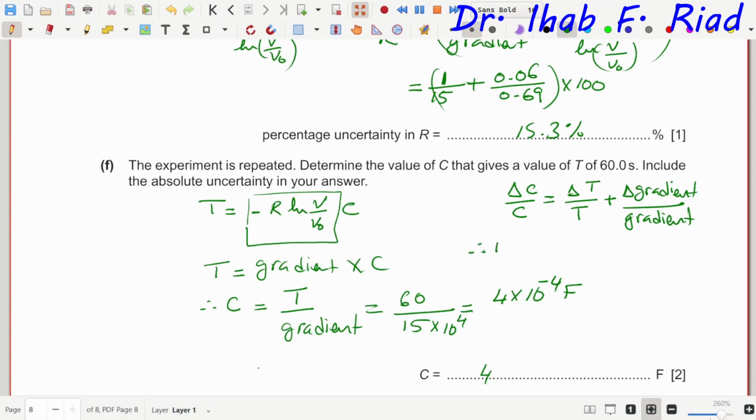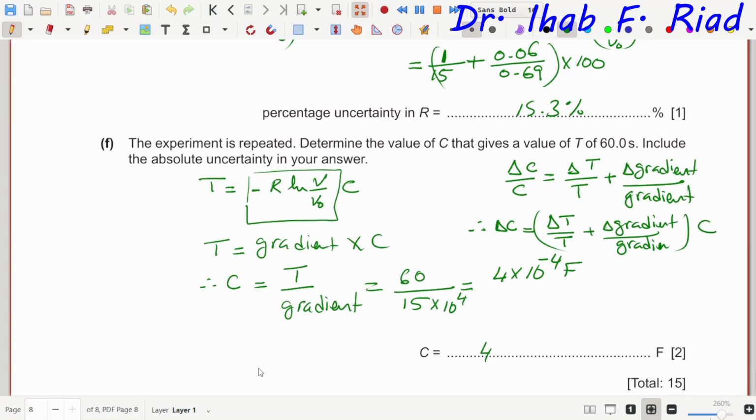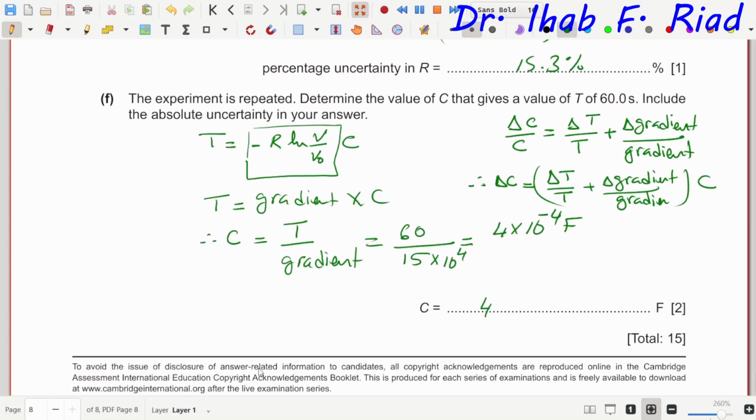Therefore delta C is equal to delta T over T plus delta gradient over gradient, times C. Okay, let us substitute. So delta T, you are free to choose.